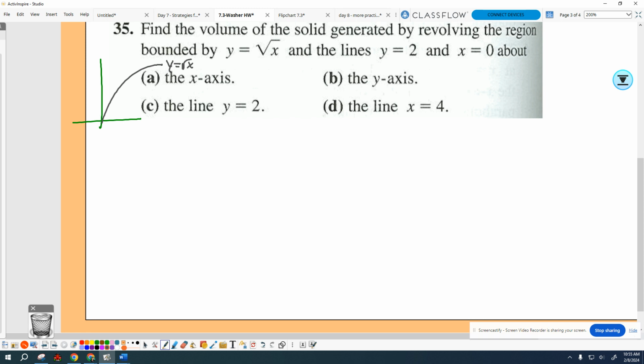Okay. So if y equals 2, what's the coordinate where those two meet? If y is 2, x is 4, so this is the coordinate 4, 2. And then our other curve is x equals 0. And so they intersect down here at 0, 0.